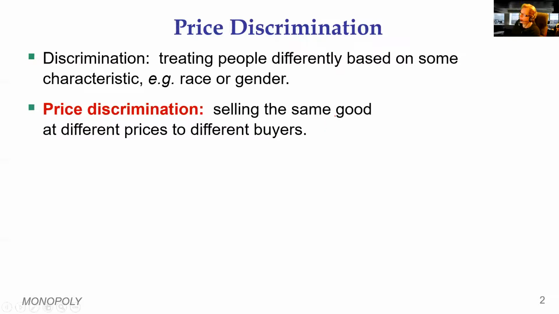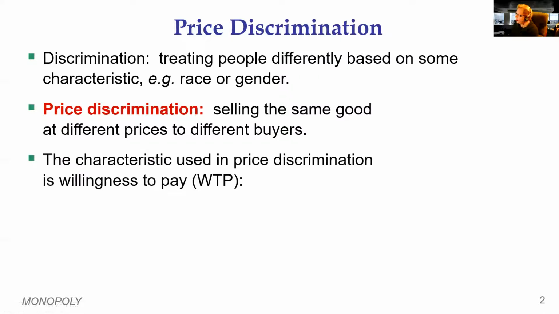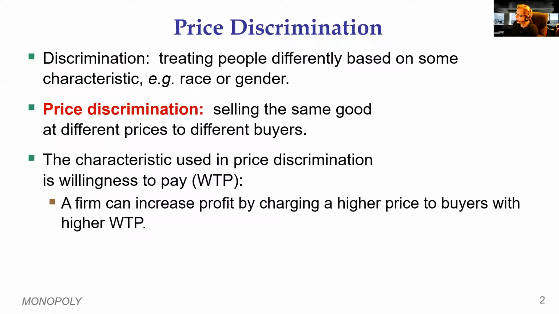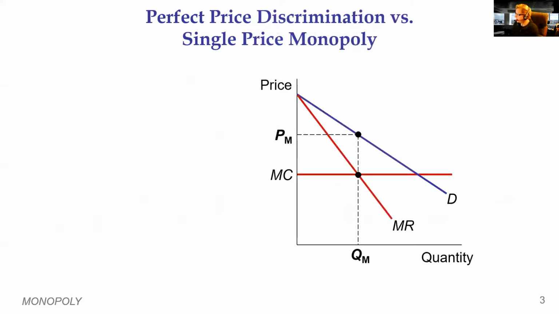And you might think, well, that doesn't sound right, but we do it all the time. Okay. So again, we're using willingness to pay, not a protected class, and we're actually going to say a monopolist will increase the quantity if it can charge people according to the willingness to pay.